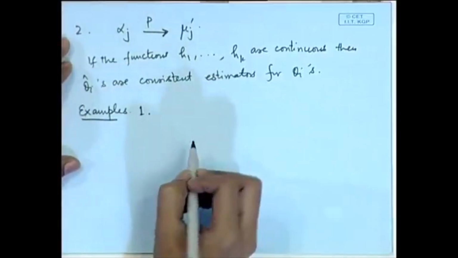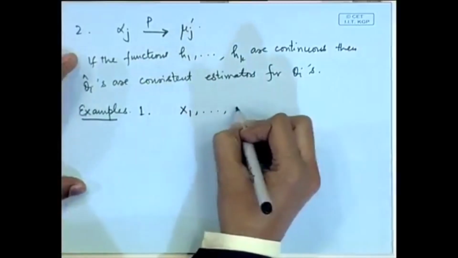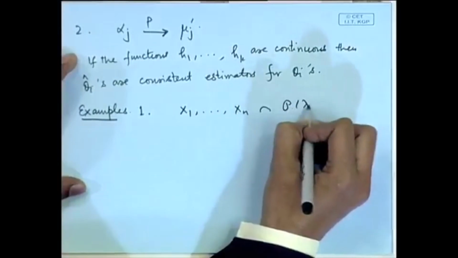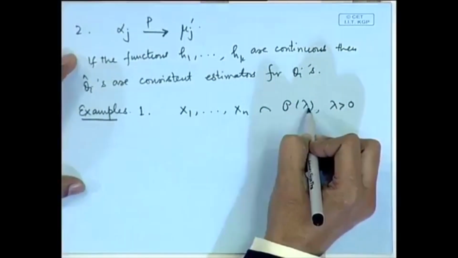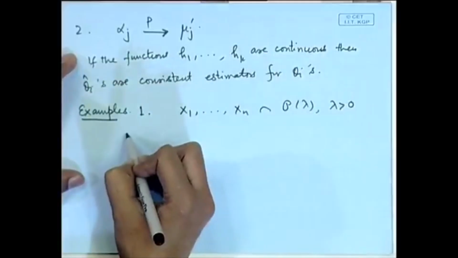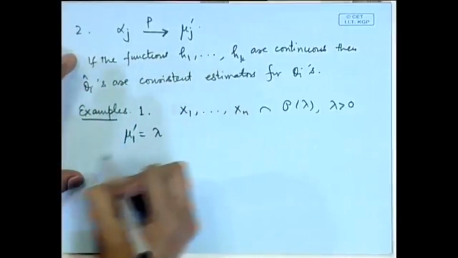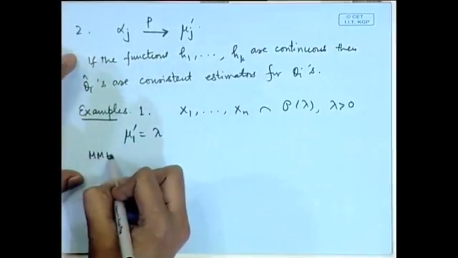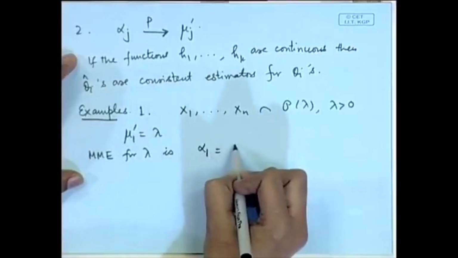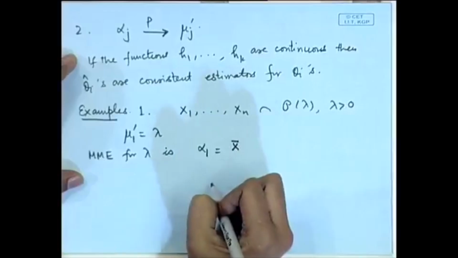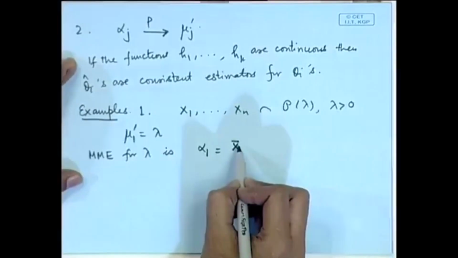You may see that many times this is extremely simple. Suppose x 1, x 2, ..., x n follow Poisson lambda distribution. So, here you can see only one parameter is coming. So, we look at only the first moment, mu 1 prime is lambda. That means, method of moments estimator for lambda is simply alpha 1, that is x bar. We had actually seen that x bar is unbiased.